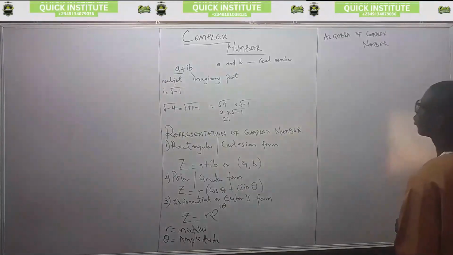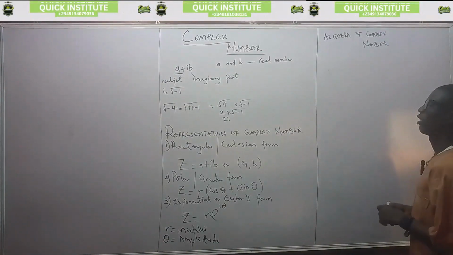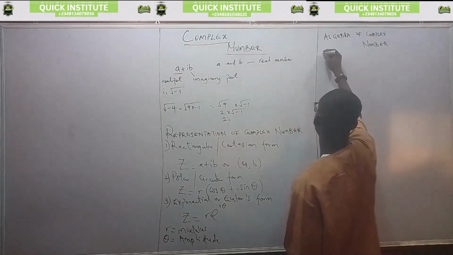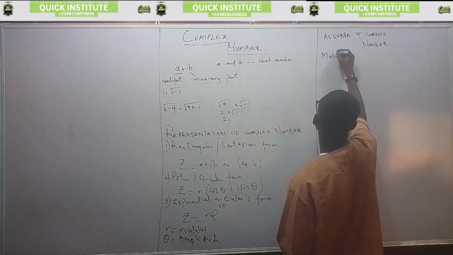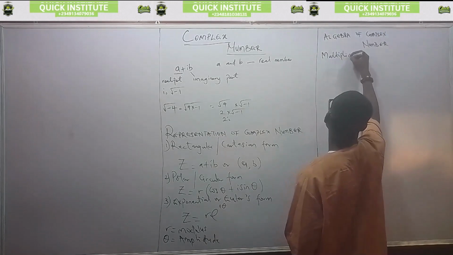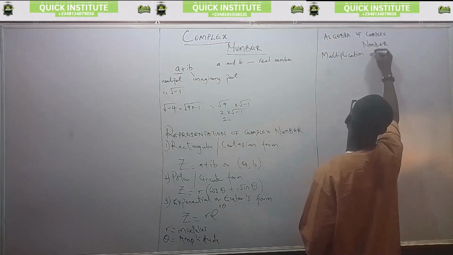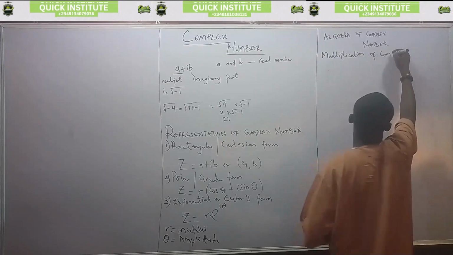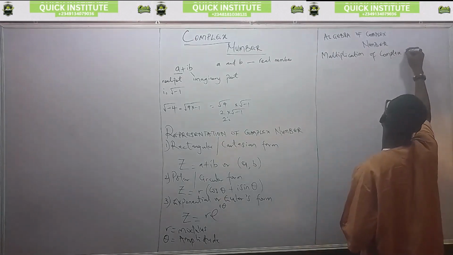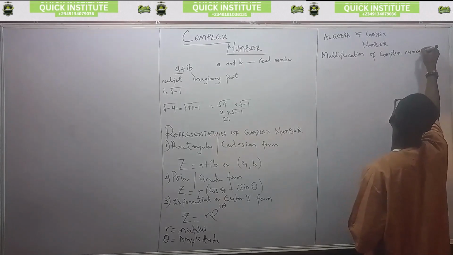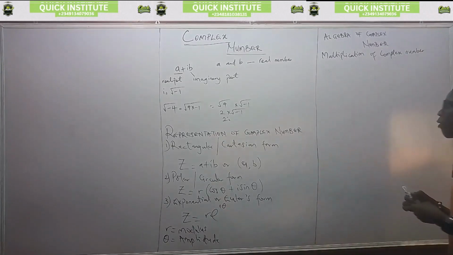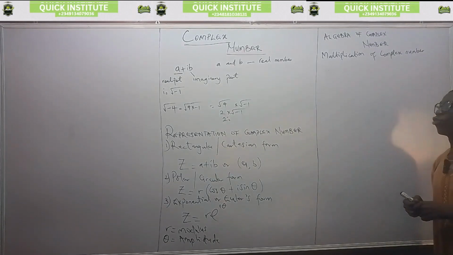So now moving to the multiplication of complex numbers. We are still on the algebra of complex numbers.